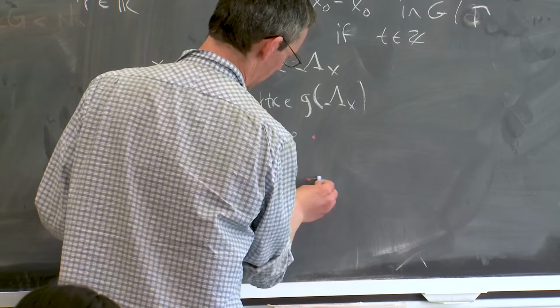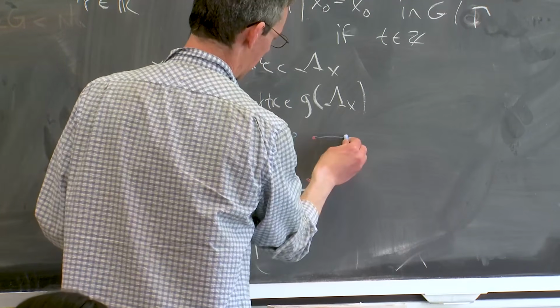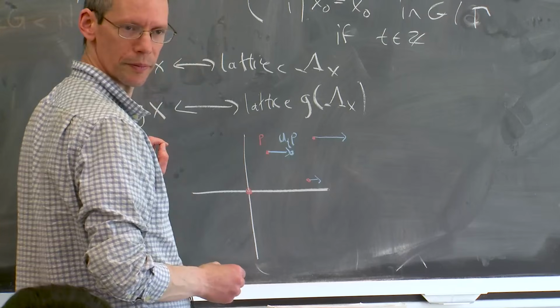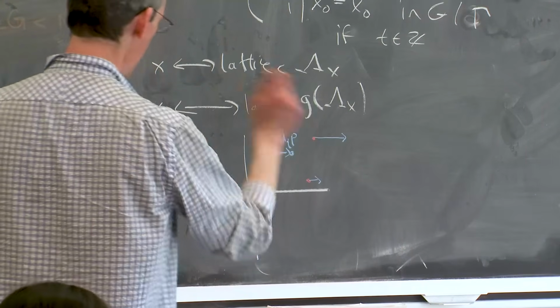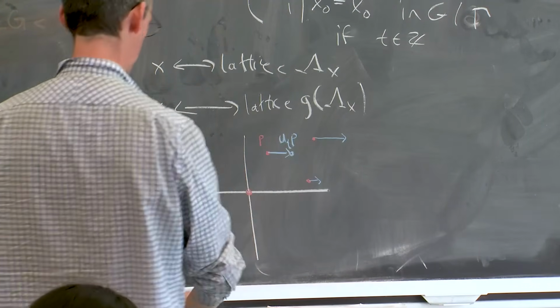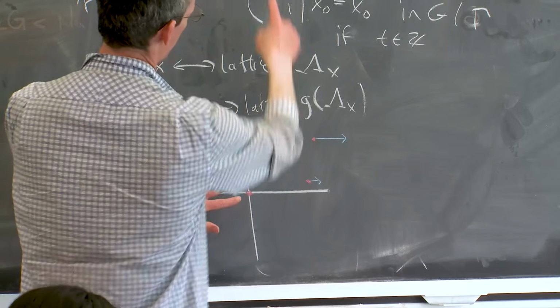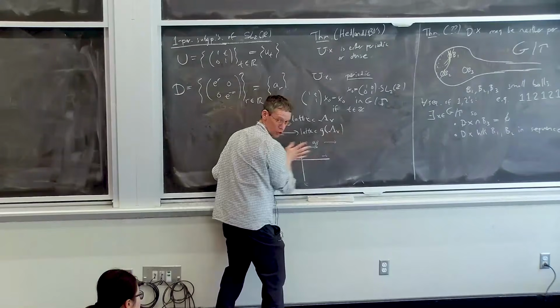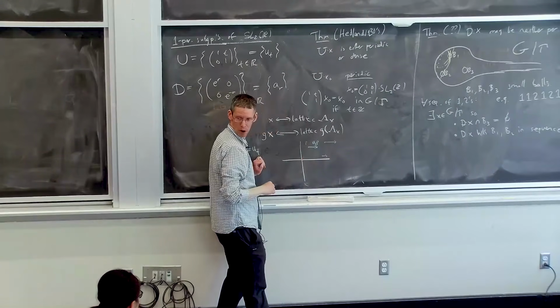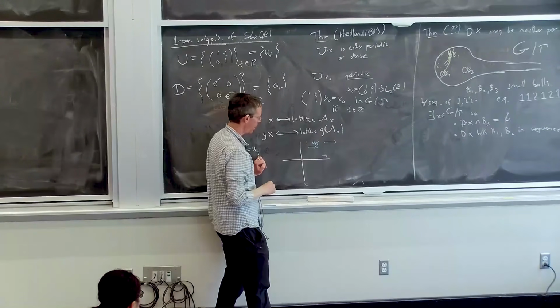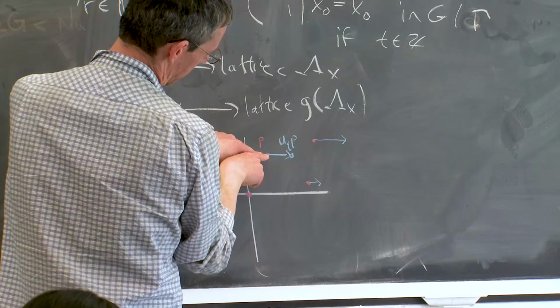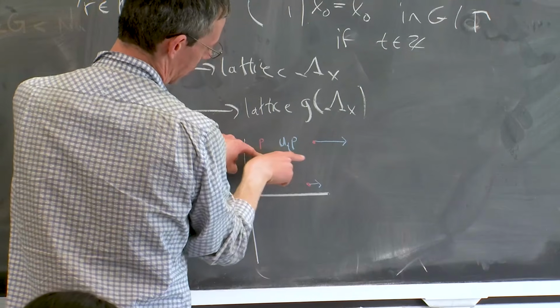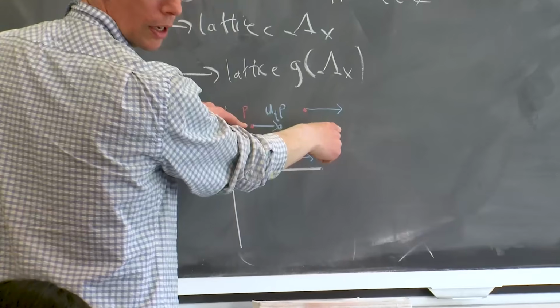So this one moves horizontally but a bit less, and this one moves a bit more. Now what would it mean? You start with a lattice, and when we apply this unipotent orbit to the lattice, every point in the lattice is sheared. What would it mean if the orbit was periodic? It would mean that this lattice point is sheared along, and eventually it reaches another lattice point.